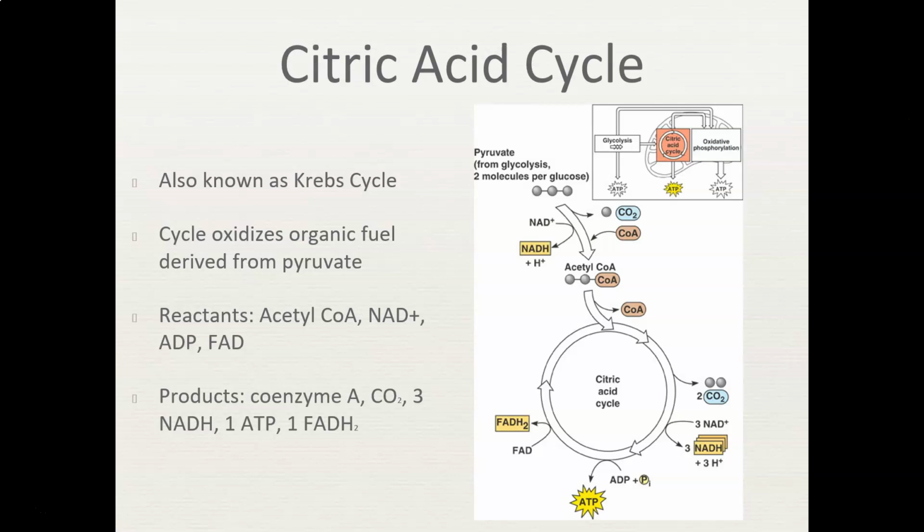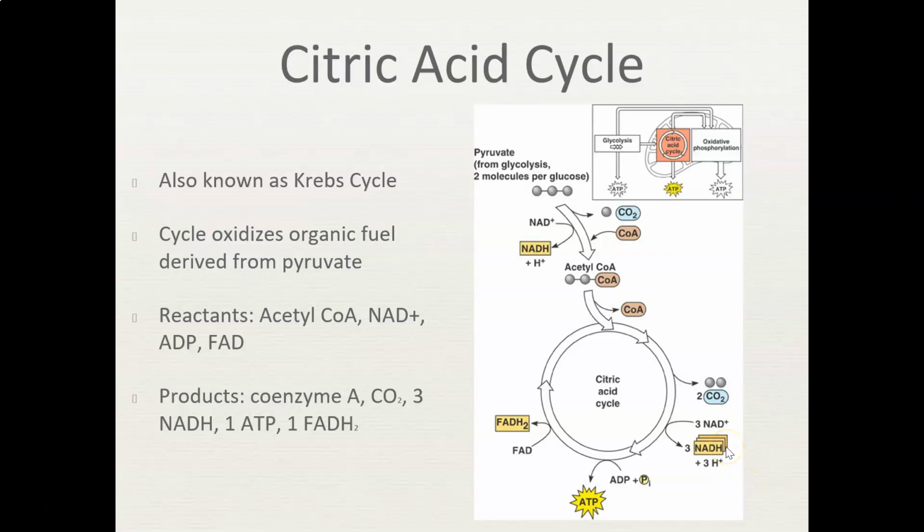That's a big component to this cycle, is that we're going to take these carbons in here, be able to shuffle them around, move electrons around to create these electron carriers and the ATP. But it's a cycle. And so I'm going to be able to get that coenzyme back so that it can get fed back into this grooming component. I will also get some carbon dioxide out of here, so that will come off as a waste product.